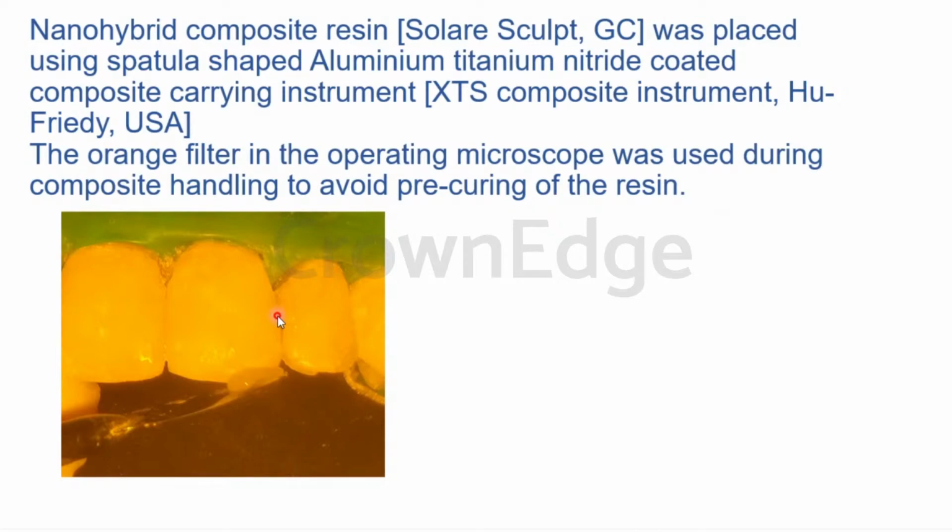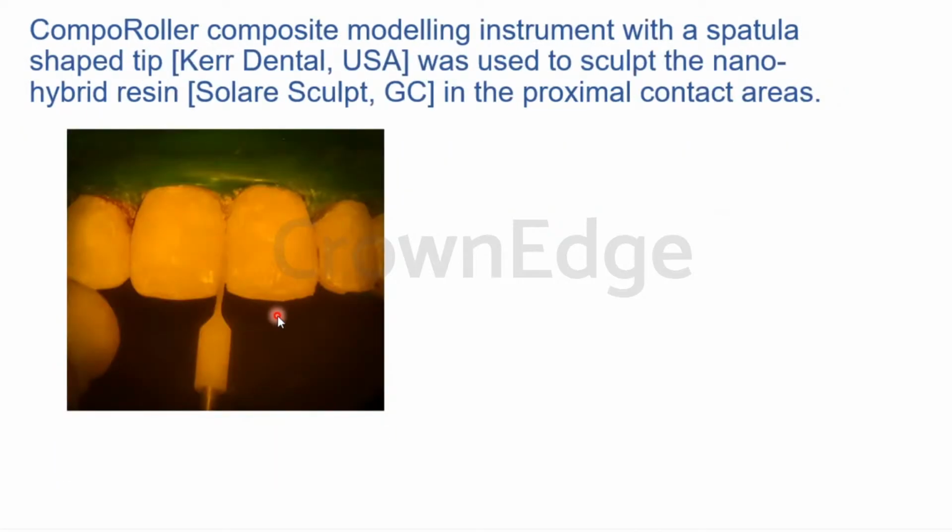Very good. So now I'm going to switch my instrument from the aluminum titanium nitride coated composite handling instrument to a modeling instrument, right? So I'm going to model my composite using something called a Compo Roller, not readily available in India right now because Kerr is no more in India, but it's an amazing instrument if you want to sculpt those line angles very well.